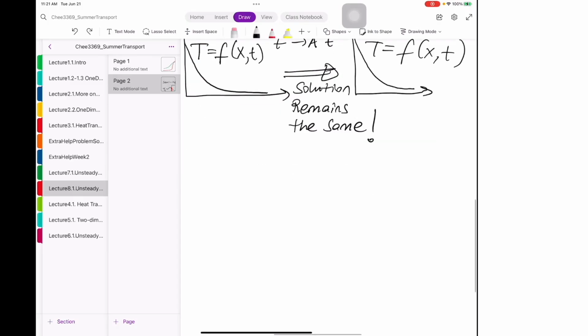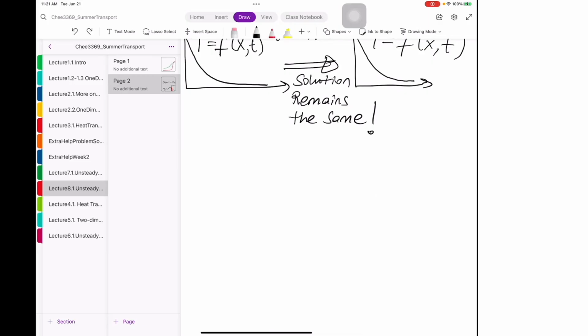What does it mean? It means the following. The solution f, or you can think of it as theta, or T maybe, for x comma t is exactly the same as the solution at ax comma a squared t.